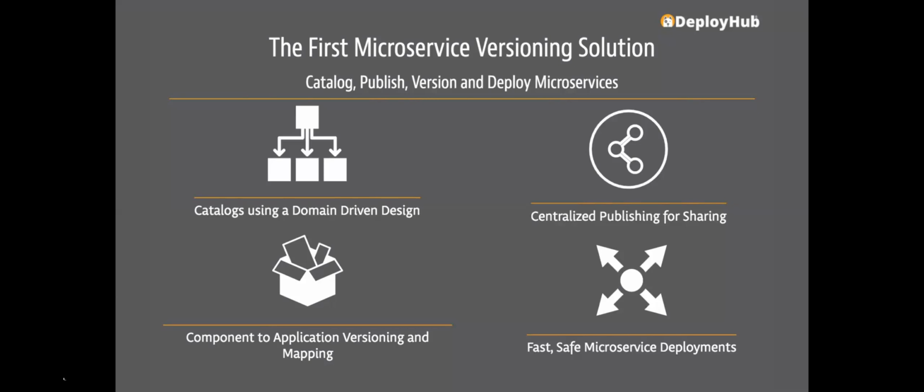What DeployHub does at a high level: first, it allows you to catalog and use a domain-driven design to organize any reusable component, microservice or otherwise. So it becomes a central area for publishing. Once you figure out how you want to define your catalog, then you can start publishing to the catalog.